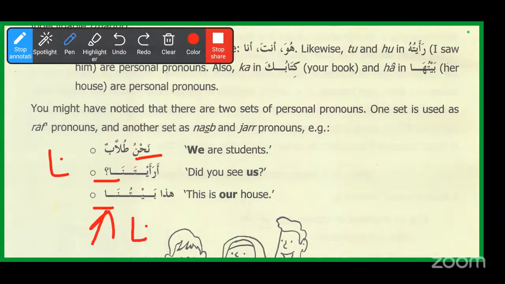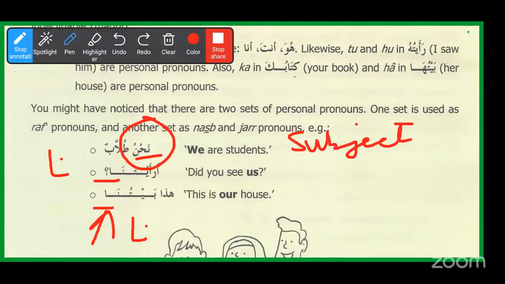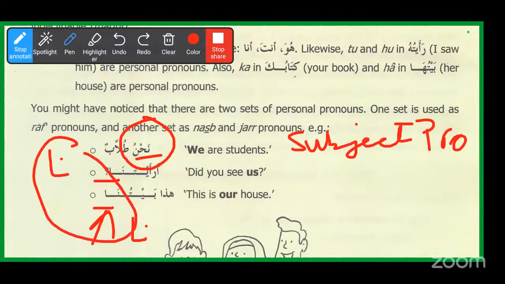Right? These ones are called subject pronouns. To make things easy, we call them subject pronouns. And the other two, we call them object pronouns.